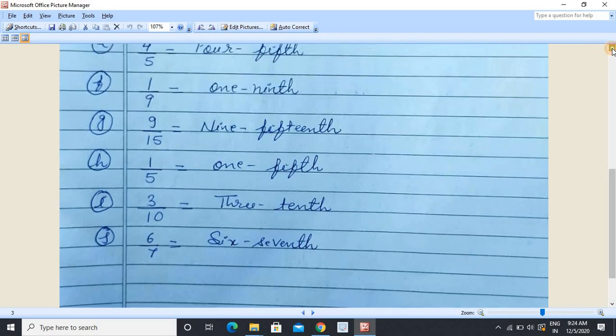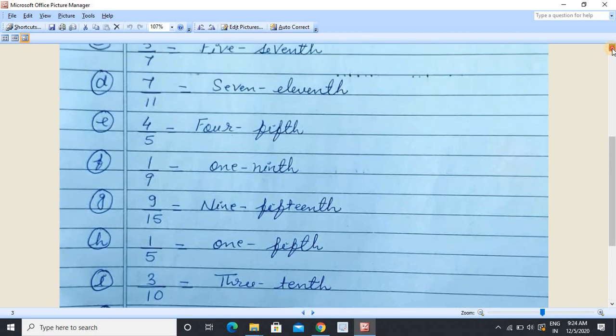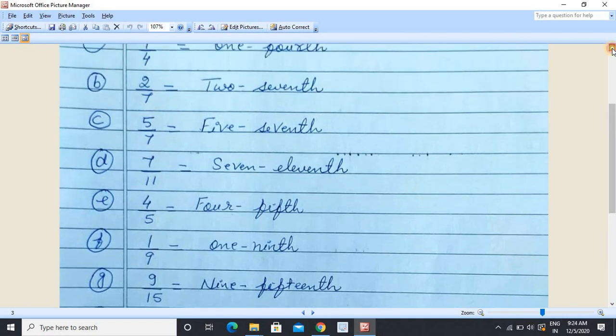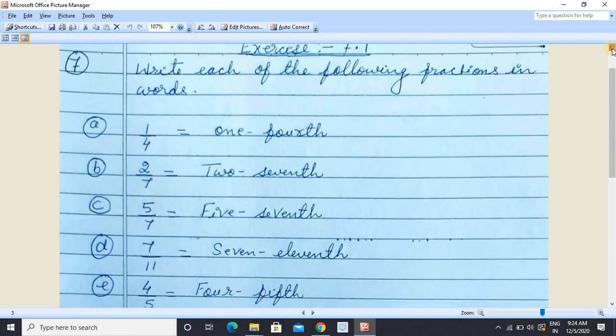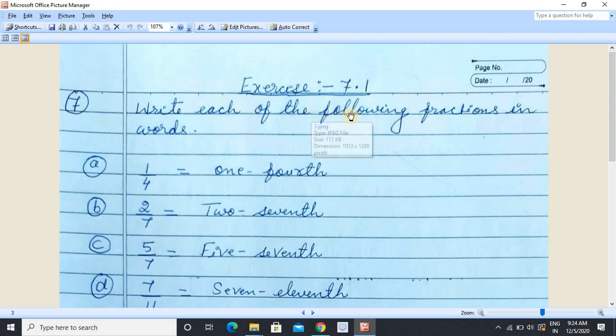The question is: write each of the following fractions in words. The question is given in fractions and you have to write in words.